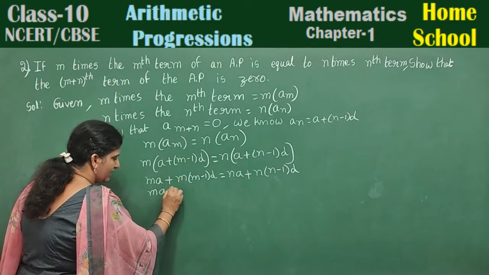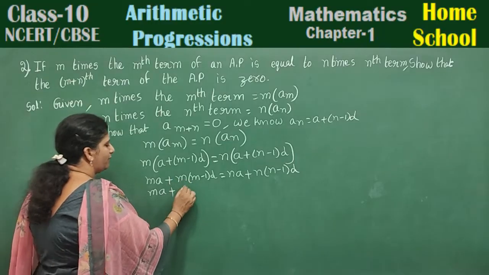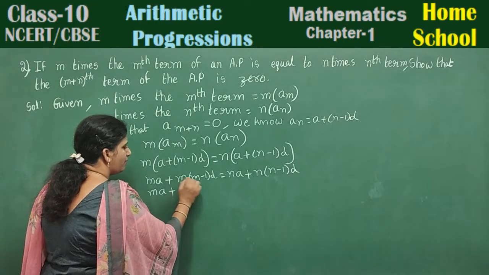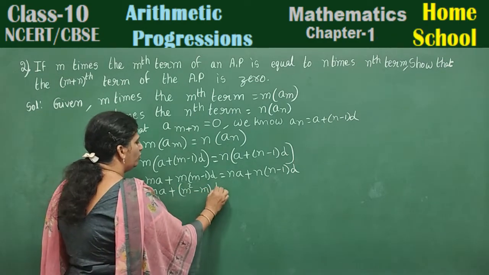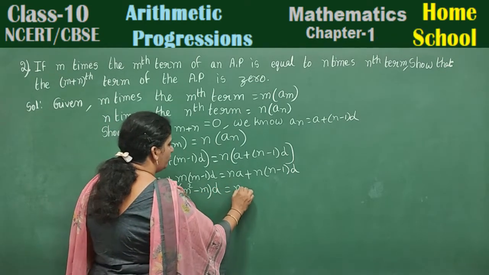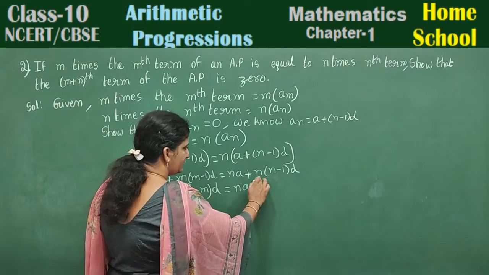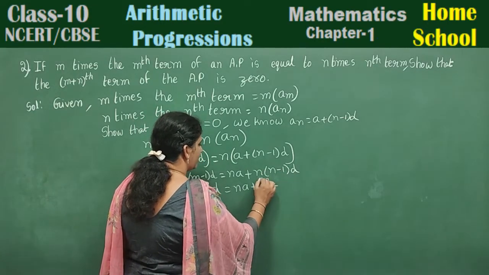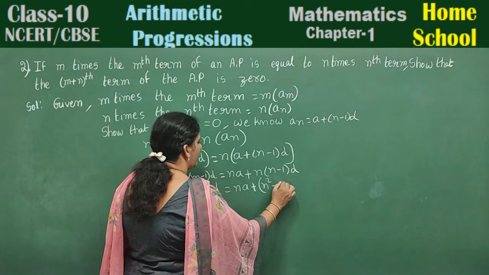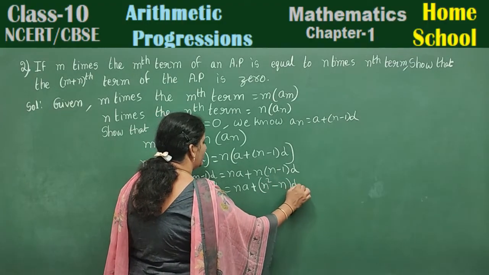Ma plus m into m square minus m into 1, m d, is equal to na plus n into n square minus n into 1, n d.